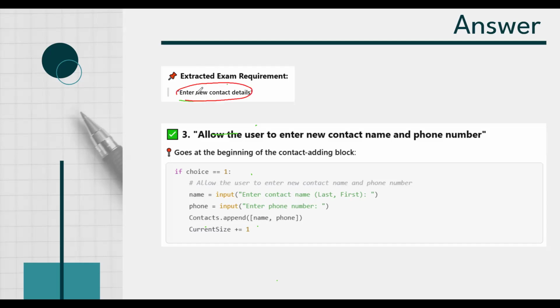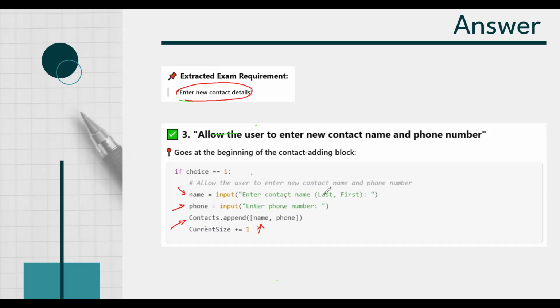Okay, so a new contact, we know that it means that we need to add data to the 2D array, which is the contacts 2D array. And we need to add the name at the first column and phone at the second column. So if we need to accept 2 pieces of information, definitely this is 2 variables that we need to create and accept 2 inputs from the user.